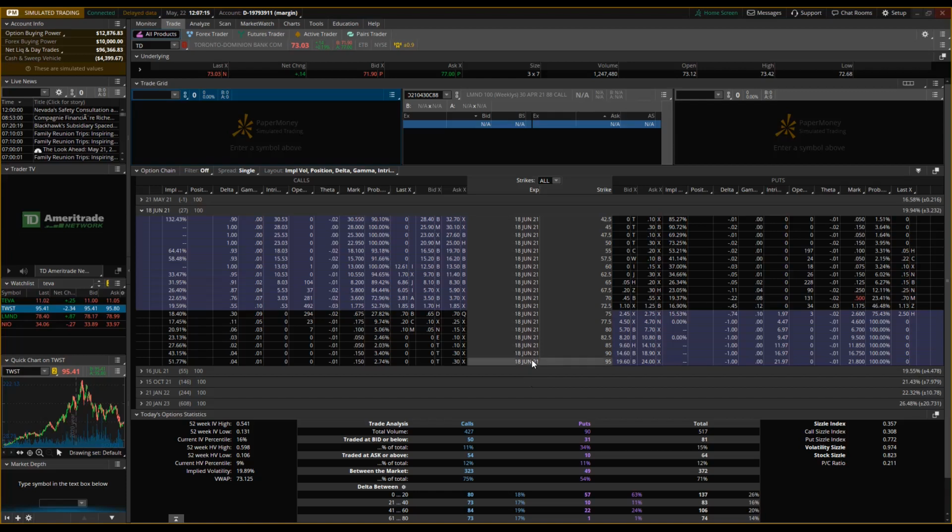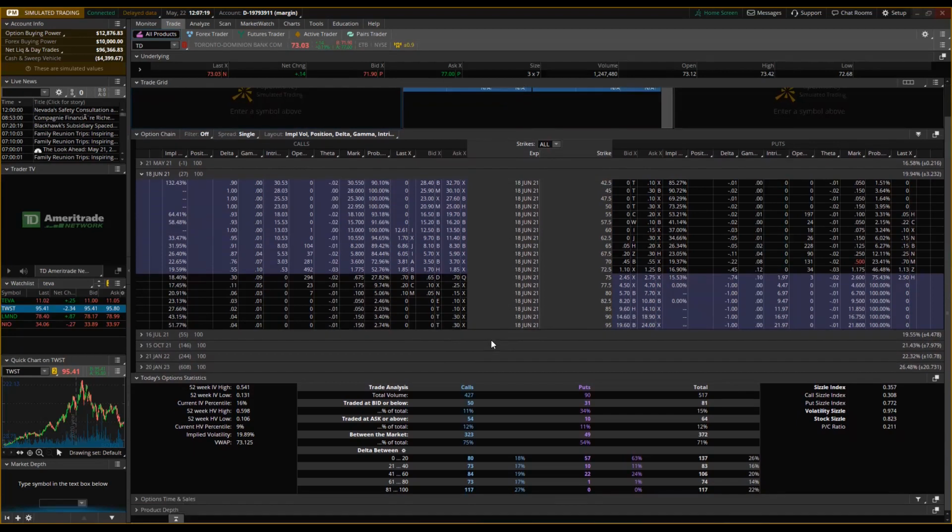So in this example, I want to show you TD Bank. It's Toronto Bank in Canada, which has a pretty low implied volatility. It's a pretty stable stock and doesn't tend to fluctuate too much, so it affects its implied volatility.